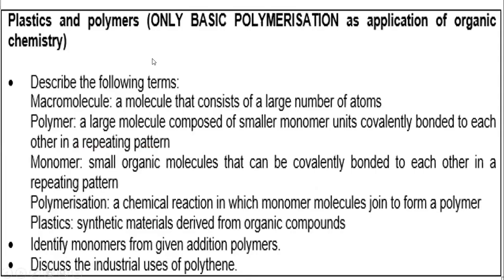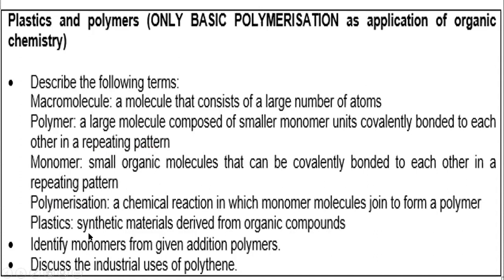And then we looked at another section on organic reactions as well, and this was on plastics and polymers. We understand that we had to learn all these definitions as well: the definition of a macromolecule, the definition of a polymer, the definition of a monomer, the definition of polymerization, and the definition of a plastic.